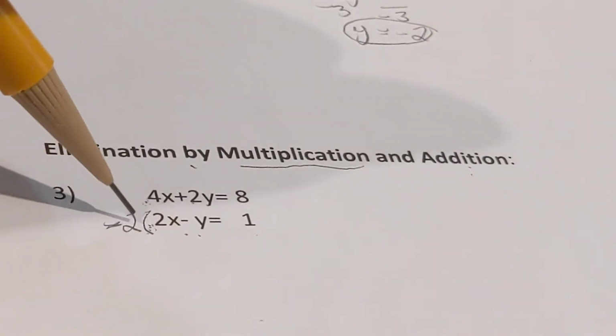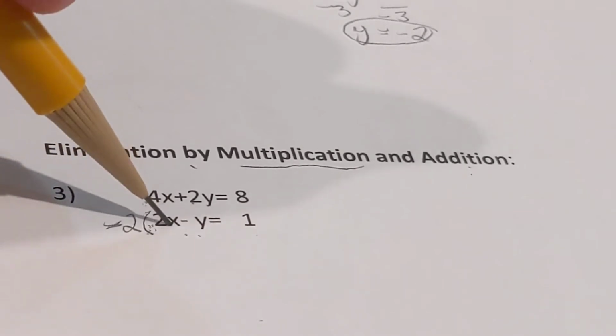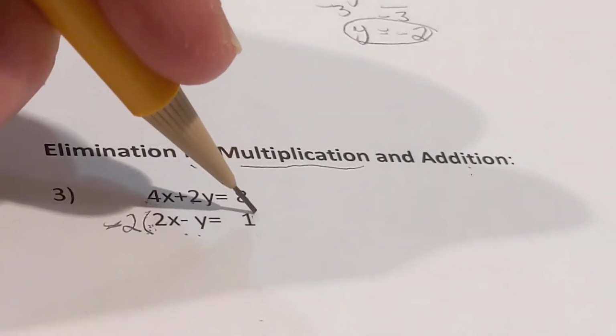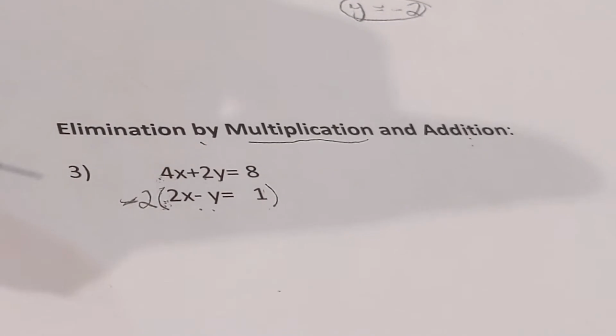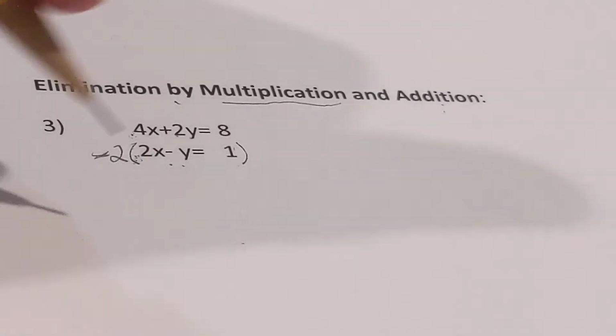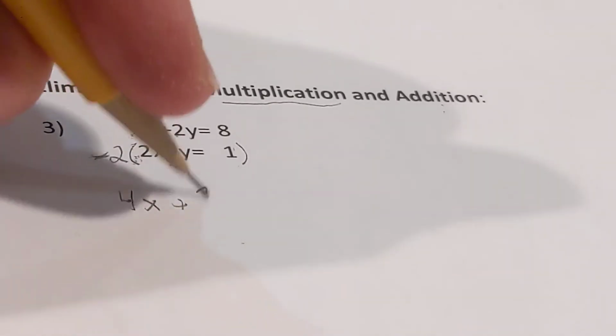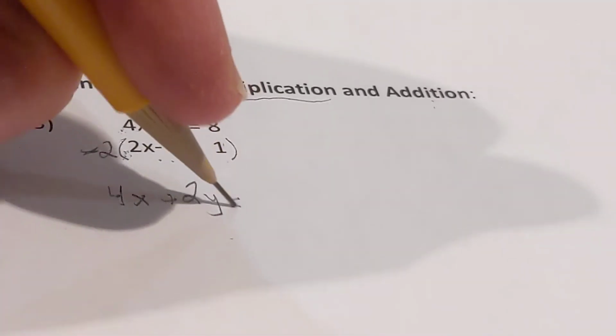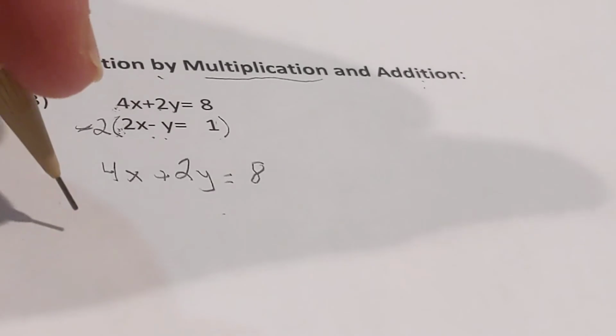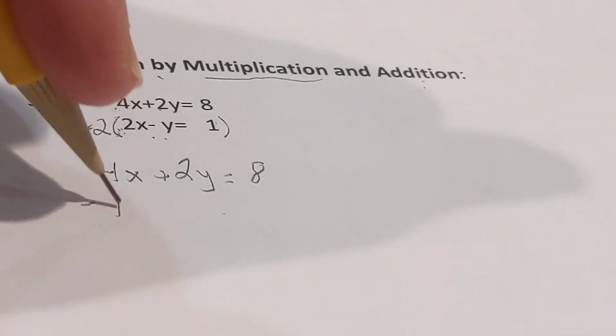We can't just multiply this term by negative 2. We're going to have to multiply the entire bottom by negative 2. So let's rewrite our system. The top part didn't change. The new bottom equation we multiplied by negative 2.